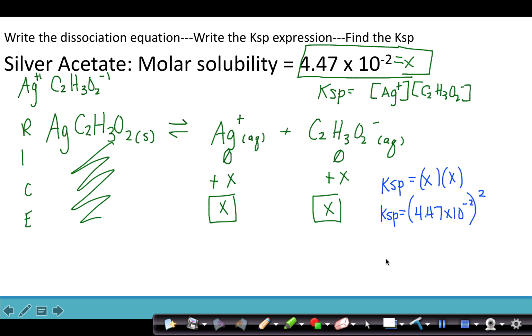If we square that number for this particular Ksp expression, this x goes in for Ag plus, this x goes in for acetate. Each of them is equal to 4.47 times 10 to the minus 2. When we plug that into the Ksp expression and calculate it out, we get our Ksp for silver acetate, 2.0 times 10 to the minus 3.